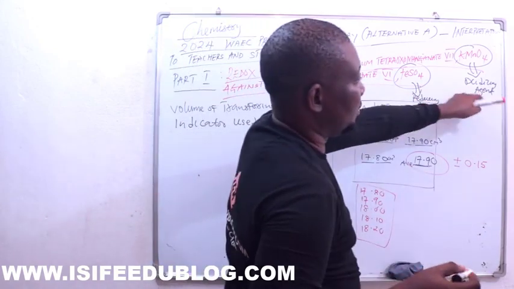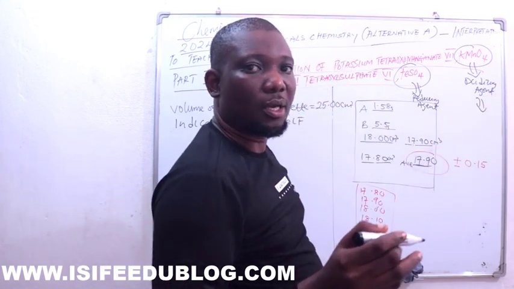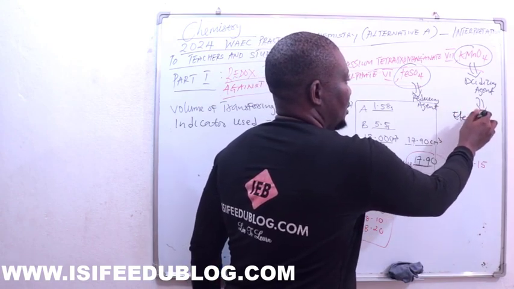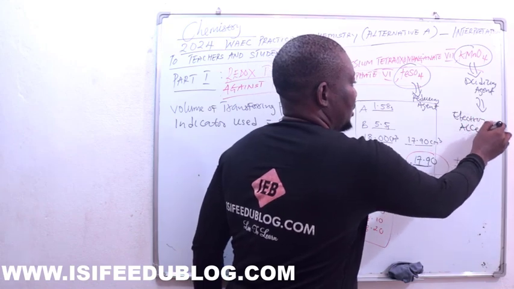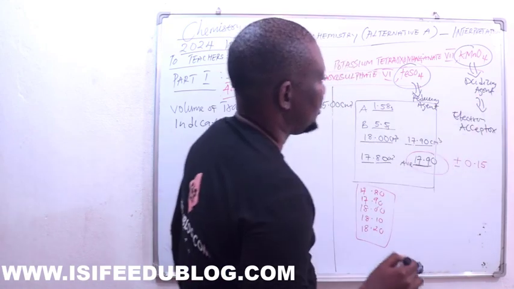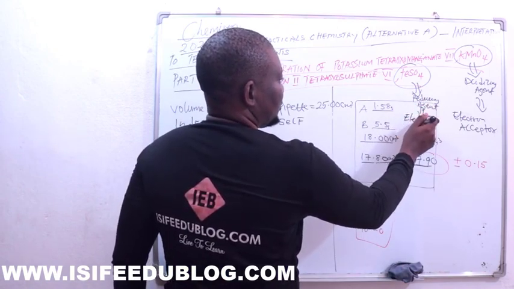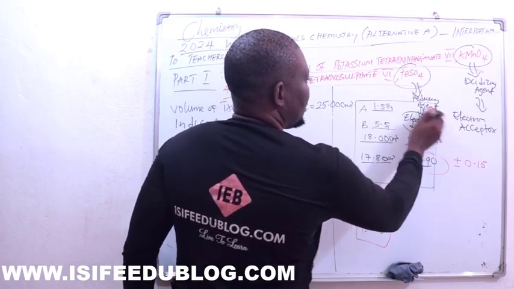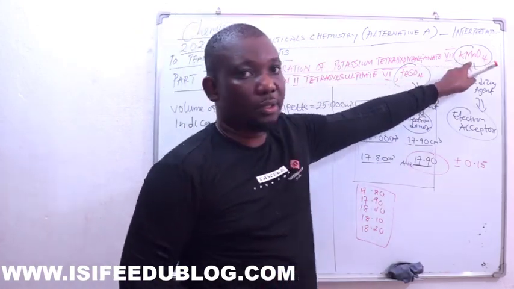This is an oxidizing agent, being that it is going to accept electrons, so you call it an electron acceptor in this case. And then this is going to be an electron donor in this case. So electron is being transferred from this to this.